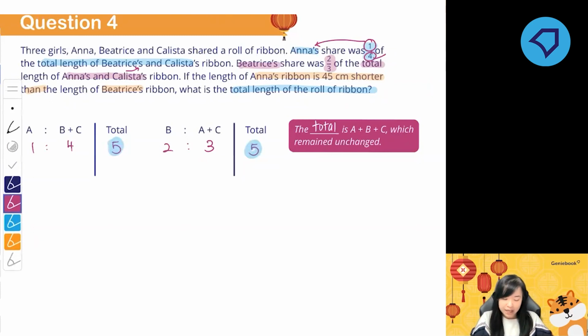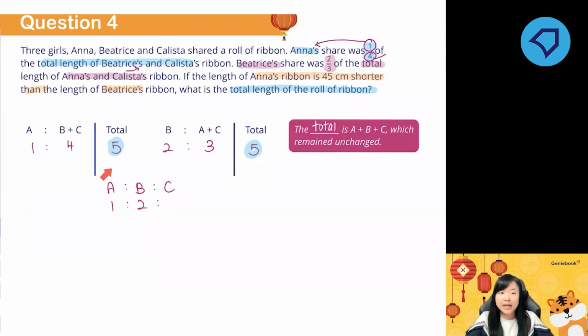Now, make it a very good habit because there are 3 of them. We need the ratio for all 3 of them. So we have Anna is to Beatrice is to Calista, and you put in Anna is 1 unit, Beatrice is 2 units. Now, how to find Calista? Anybody? To find C, you can take the total, which is 4 for B and C, and you minus away B. Or like Sijia, take 5 minus A plus C. Very good.